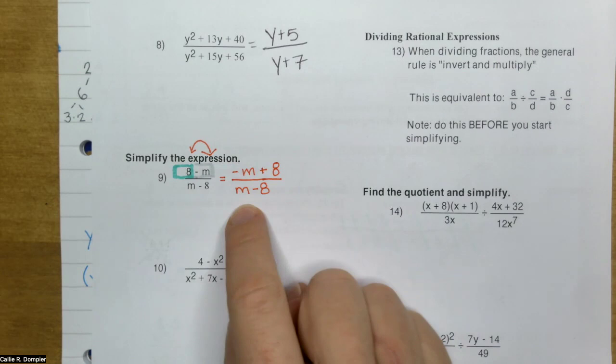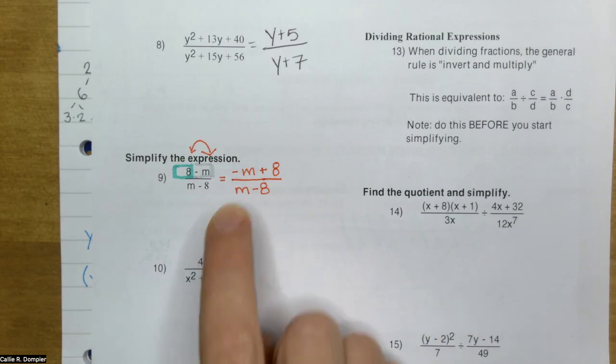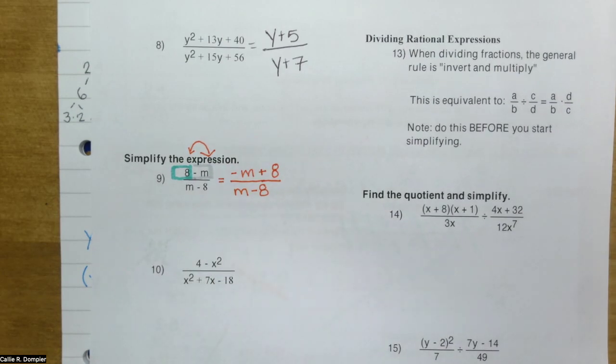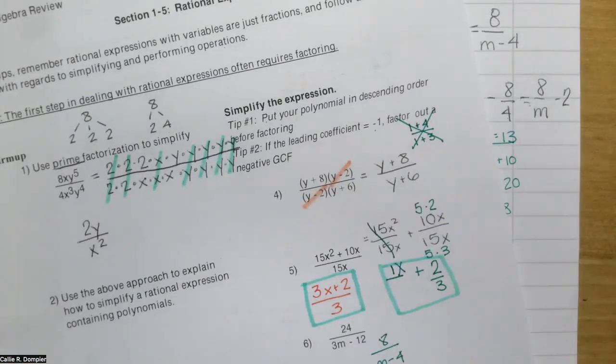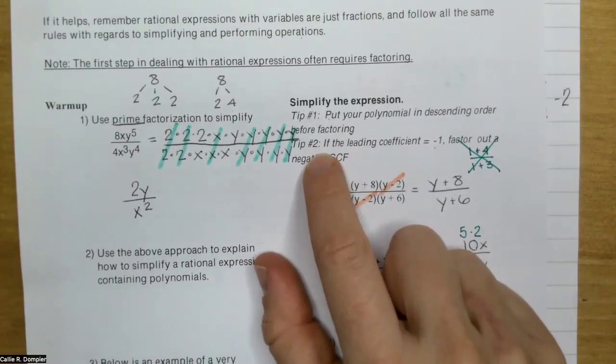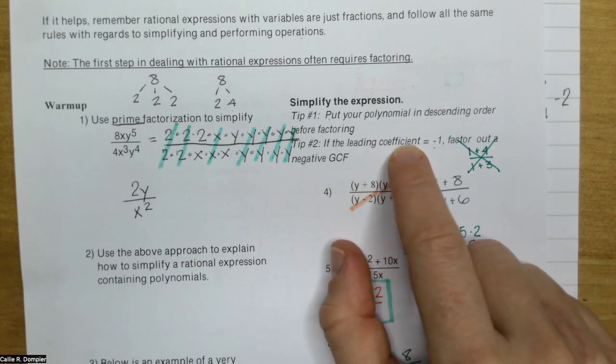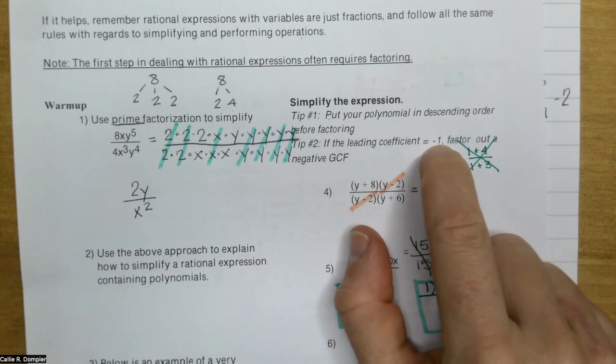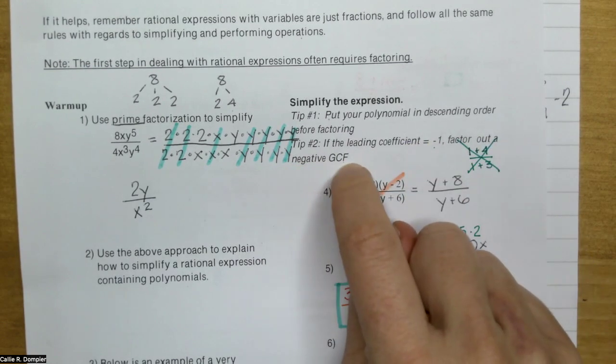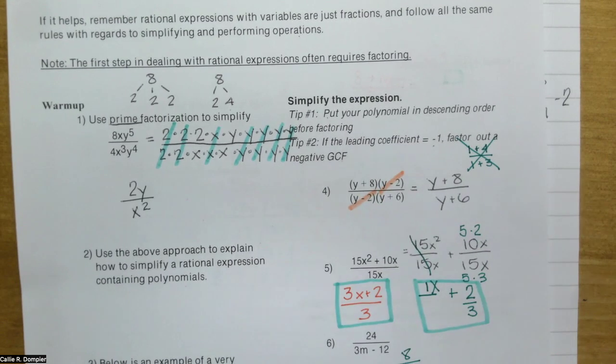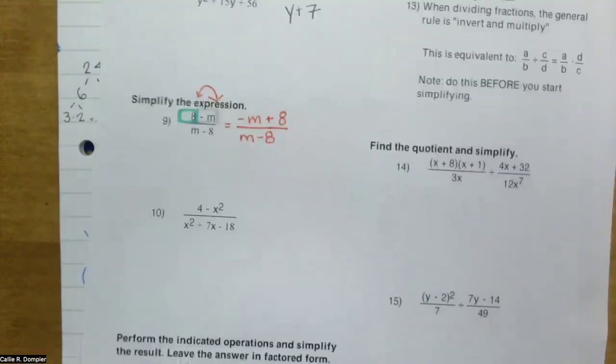So it would work, but the signs are messed up. The signs don't match, right? What is the rule we saw? Tip number 2, if the leading coefficient is a negative, factor out a negative greatest common factor. We're going to use that rule right now. If the leading coefficient has a negative in front of it, factor out a negative greatest common factor.